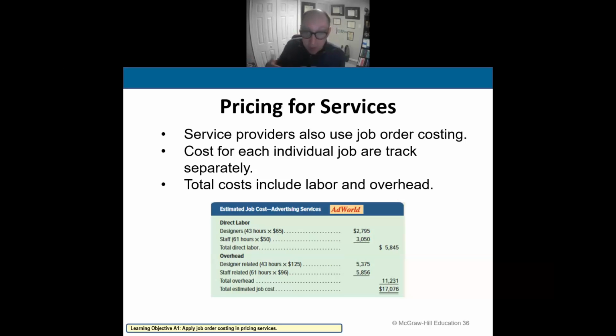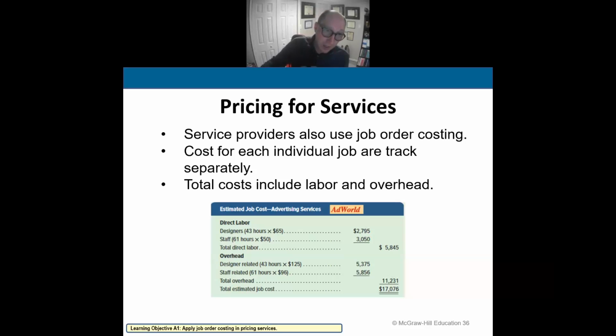Oftentimes they don't, but they could, especially if the business is like an accounting firm, a law firm, an advertising agency. The services that they provide are specific to the customer, and those can be tracked by their own job order cost sheet.